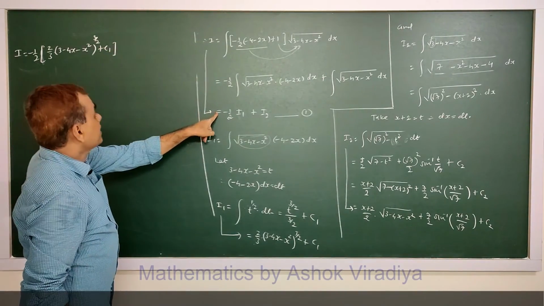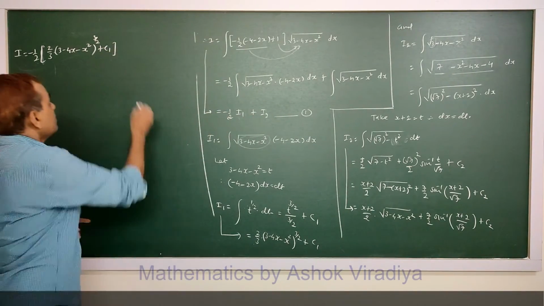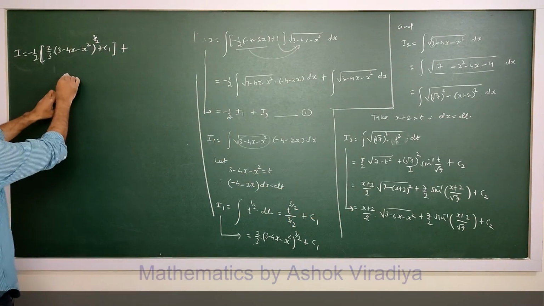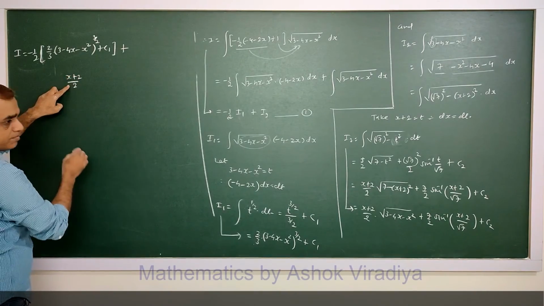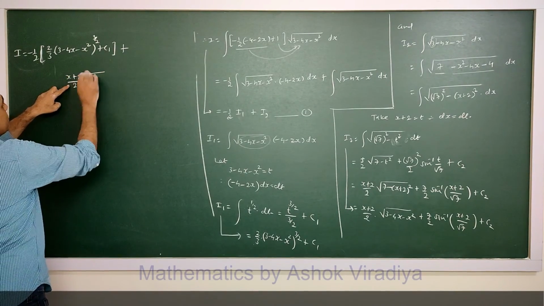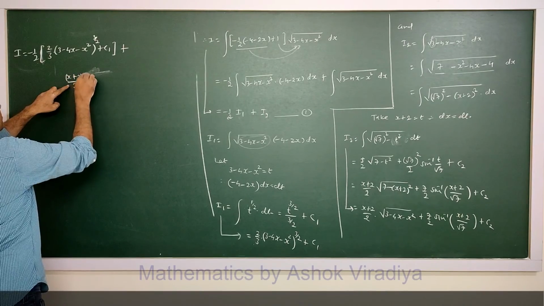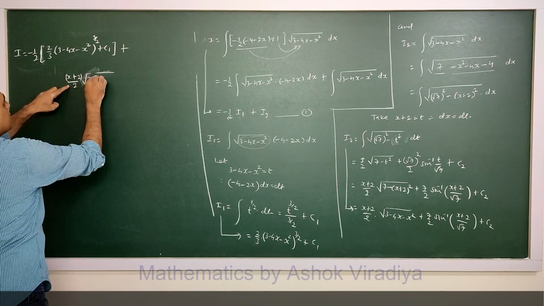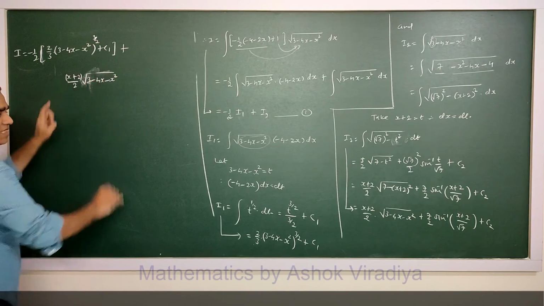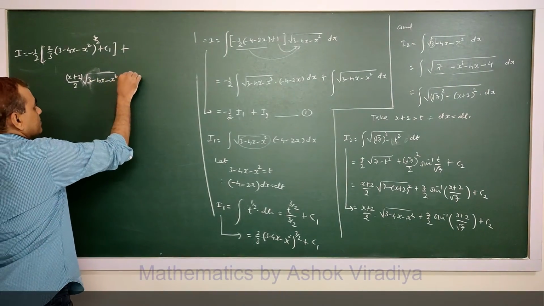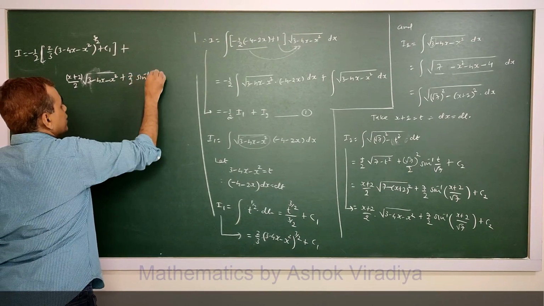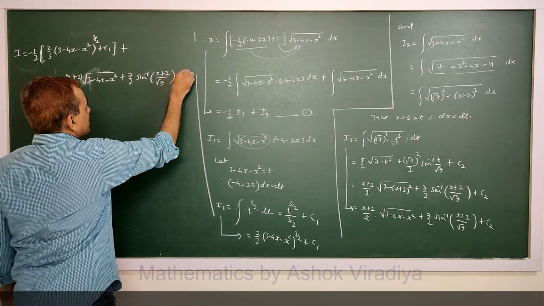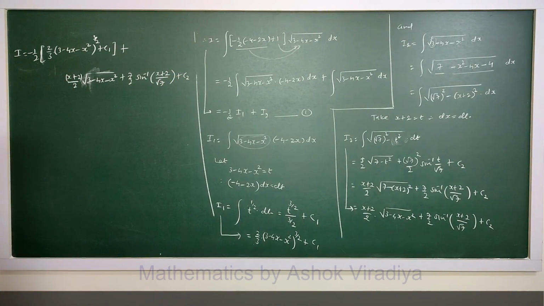So minus 1 by 2 times I1 plus I2, where I2 is x plus 2 by 2 square root of 3 minus 4x minus x square plus 7 by 2 sine inverse of x plus 2 by root 7 plus c2.